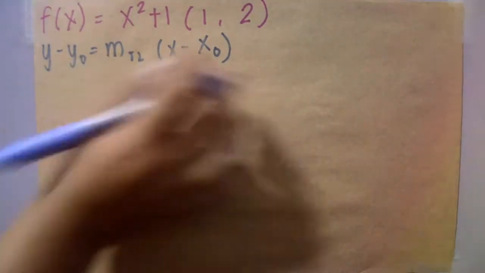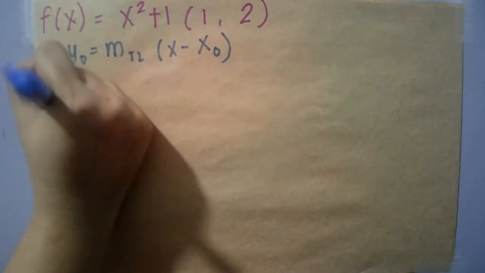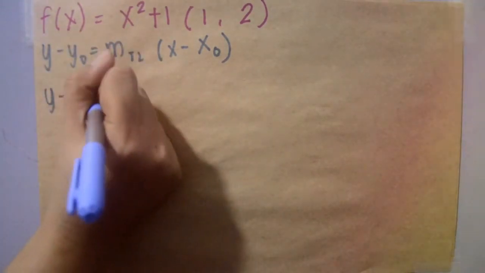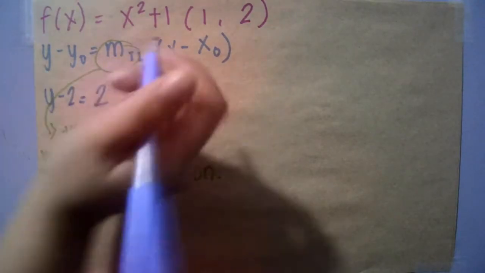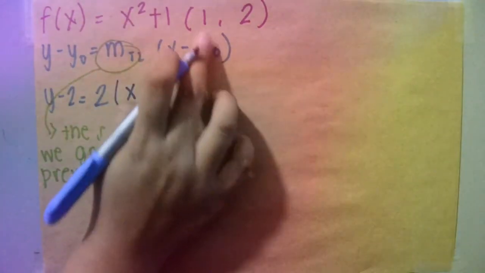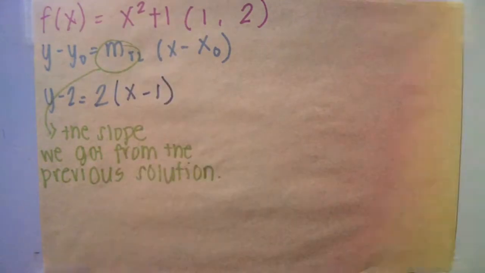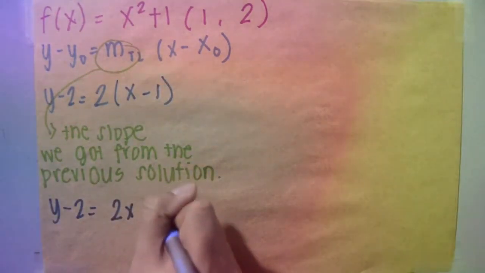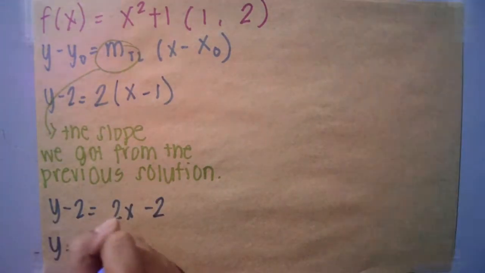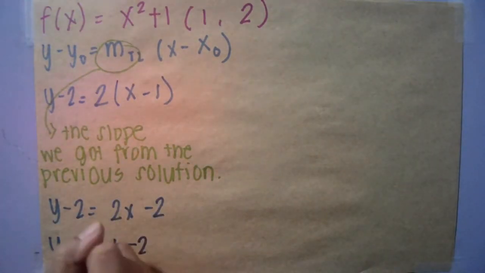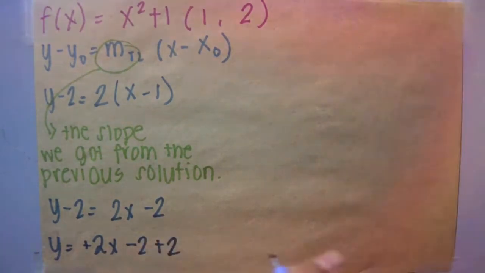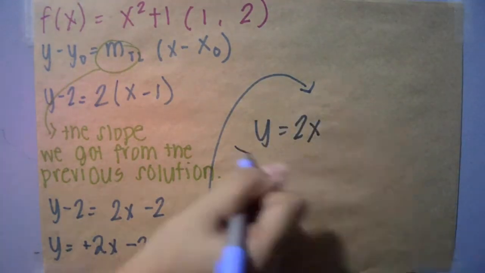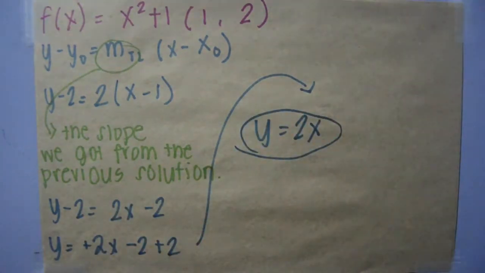Substitute. y sub 0 is equal to 2, so it becomes y minus 2 equals 2, or the slope of the tangent line we got from the previous solution, multiplied by the quantity x minus x sub 0, which is equal to 1, then multiply, so it becomes y minus 2 equals 2x minus 2, transpose negative 2. y is equal to 2x minus 2 plus 2. Simplify. We now get the equation of the slope, which is y equals 2x.